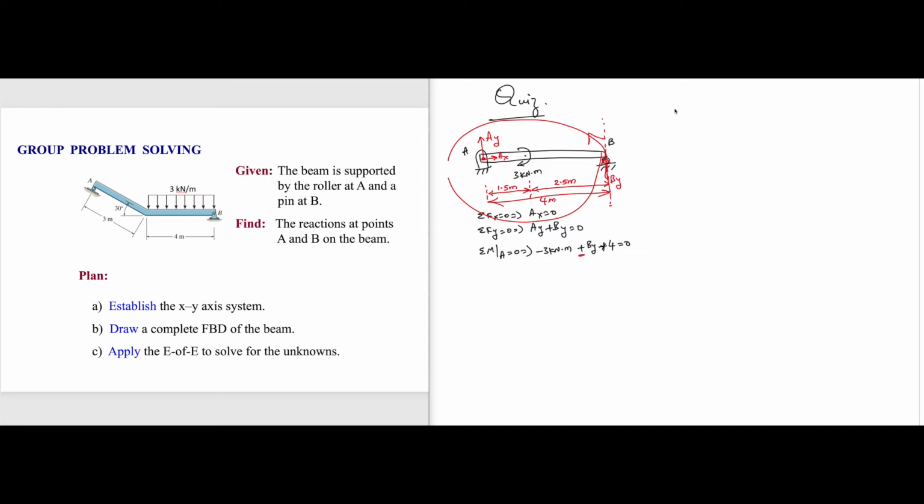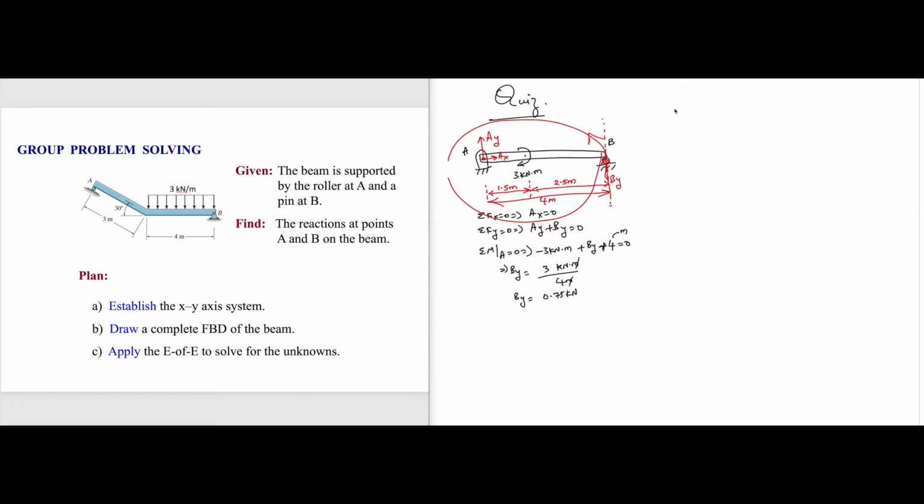That's why I have a positive. Anyways, using this, we can solve for By, which is 3 kilonewton times meter over 4 meter. So we get By is 3 over 4, which is 0.75 kilonewton.